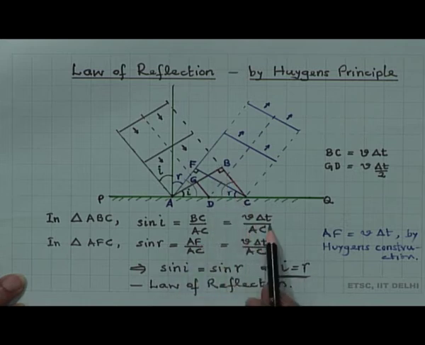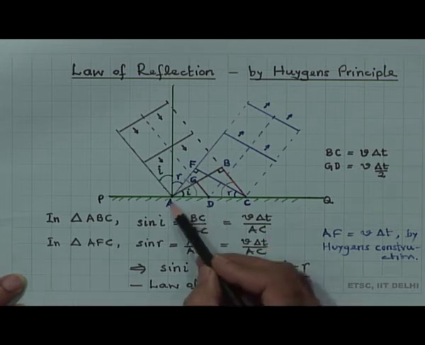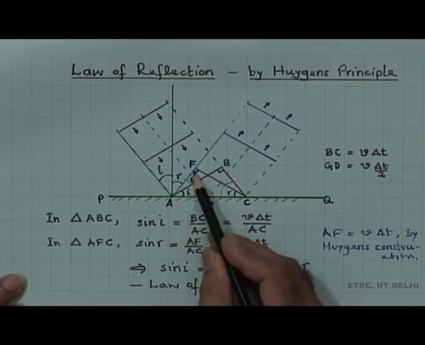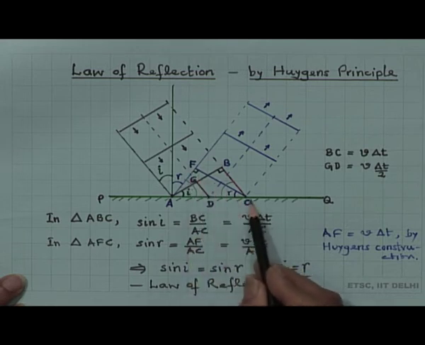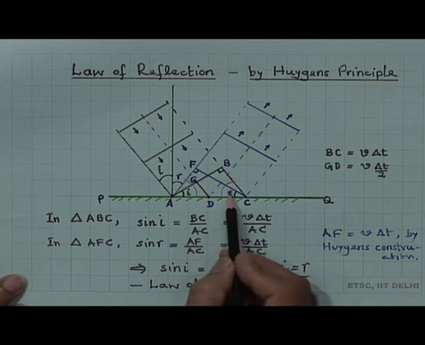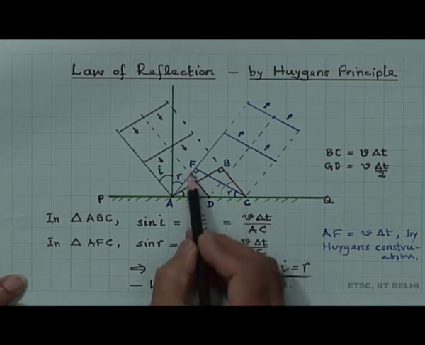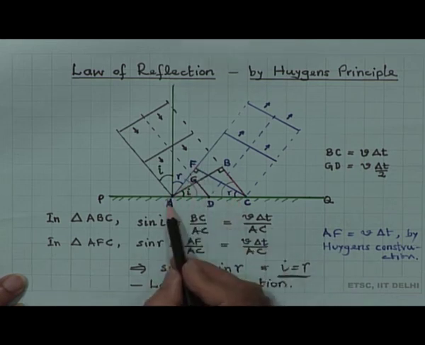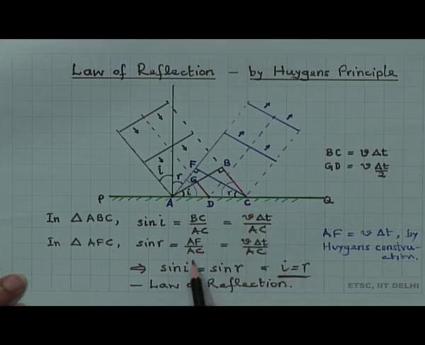So sin I equals V into delta t divided by AC. Similarly, in the triangle AFC, where FC is the reflected wavefront, sin R is equal to AF divided by AC, which is equal to V into delta t by AC.